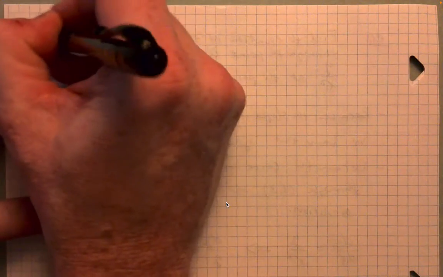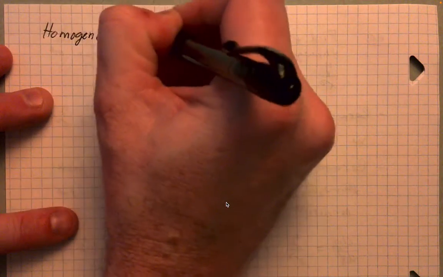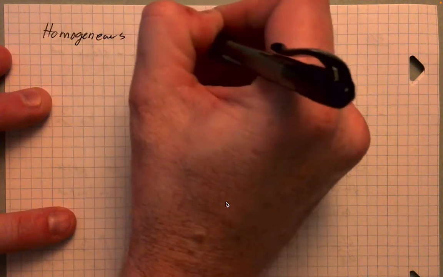Now let's talk about examples where separation of variables is not as straightforward, and we need to employ some tricks. Okay, so this is going to be homogeneous differential equations.